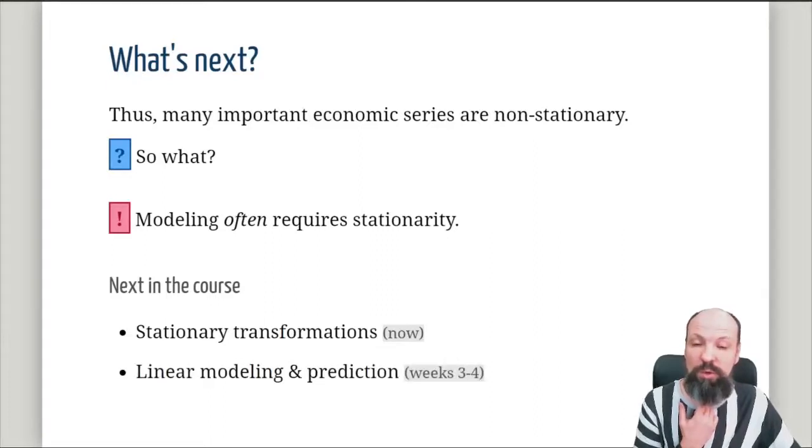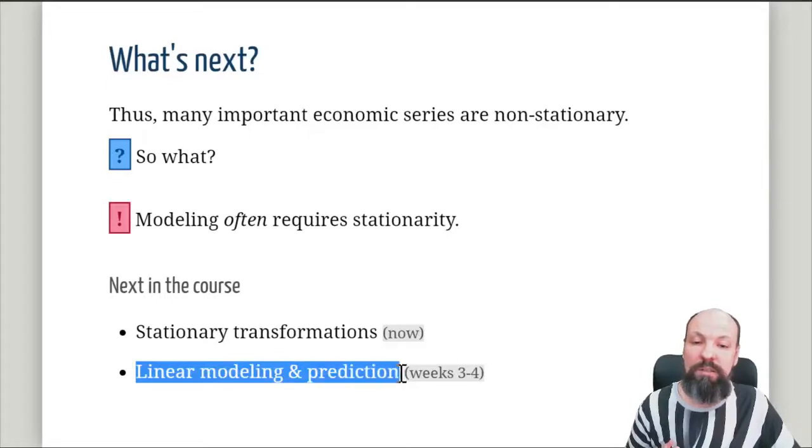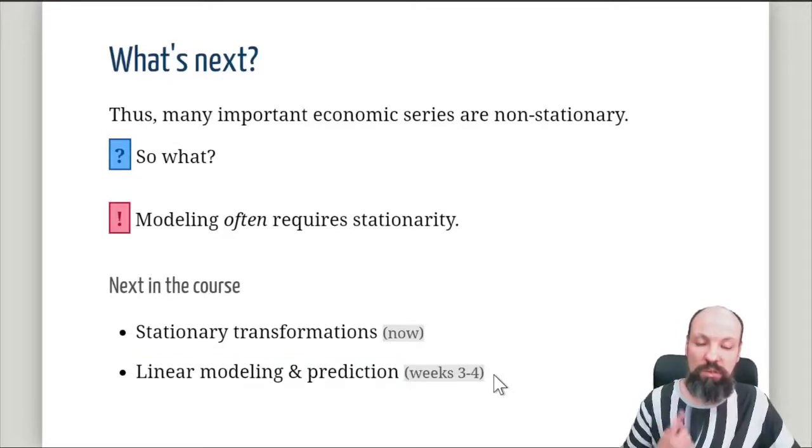And then when we learn how to do that, we can apply simple time series models already to just one time series. And this is the topic of our next classes. It says week 3, 4. It's actually 4 and 5, maybe a little bit longer. And this is the main topic of your project task. So linear modeling and prediction of just one time series.